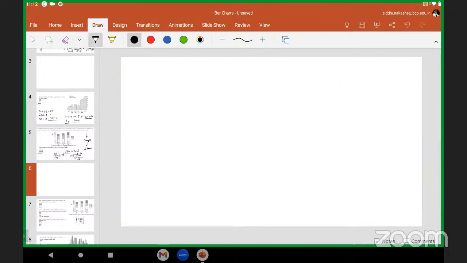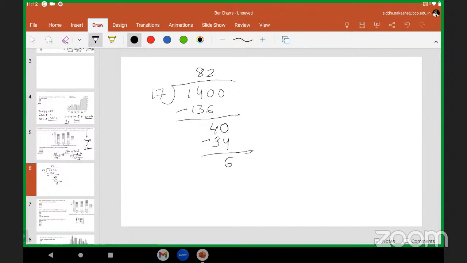Which can be done as 140 upon 17. 17 8s are 136. We have 4, we have 0, so that is 234. We'll have 6, put a decimal point.